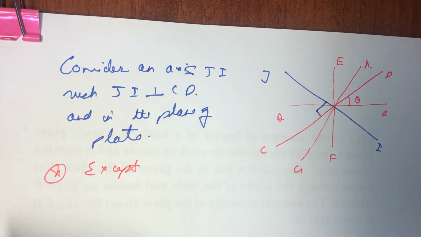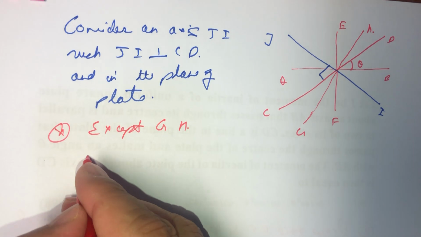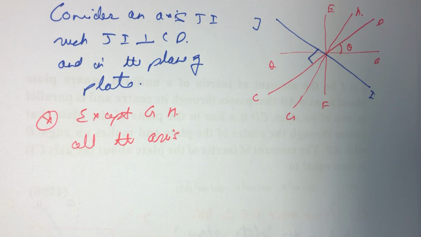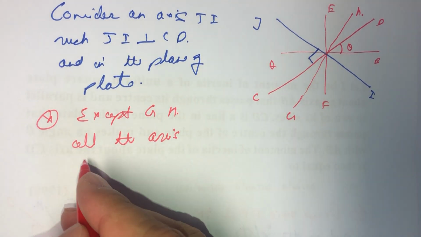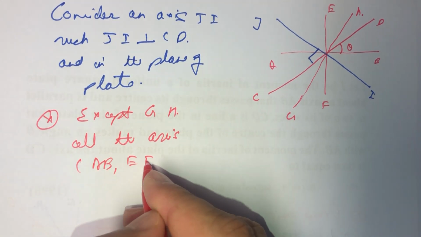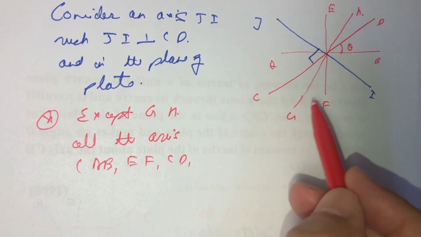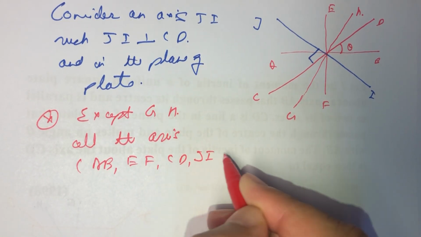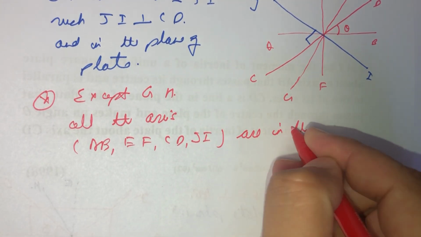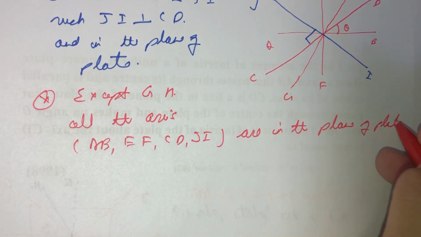All the axes here, meaning AB, EF, CD, and JI, are in the plane of the plate. So they are in the same plane.